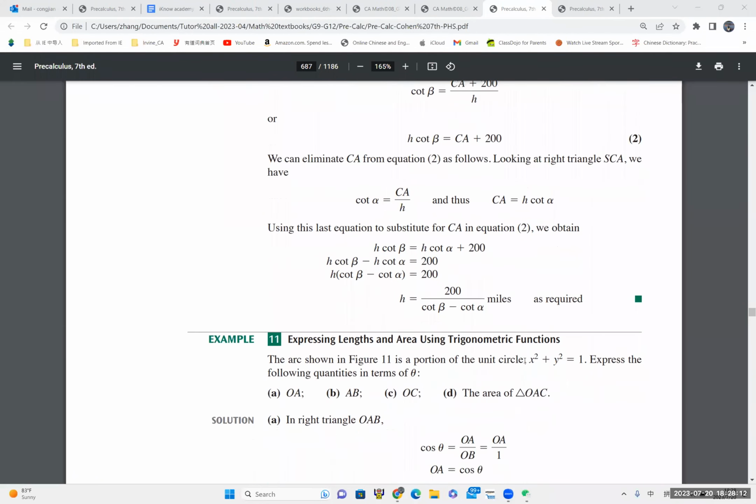Now let's do some exercises. Let me see. Could you guys choose one from this page?